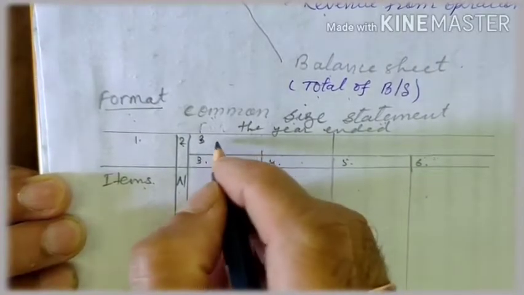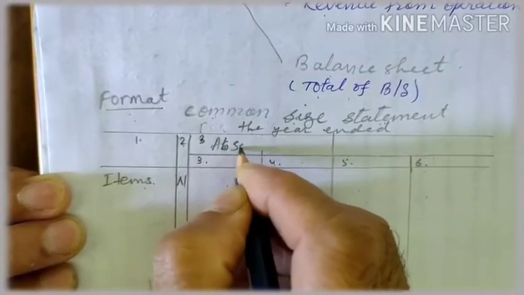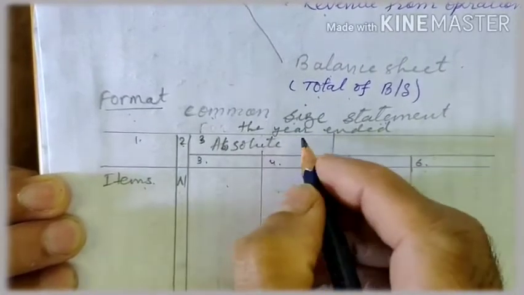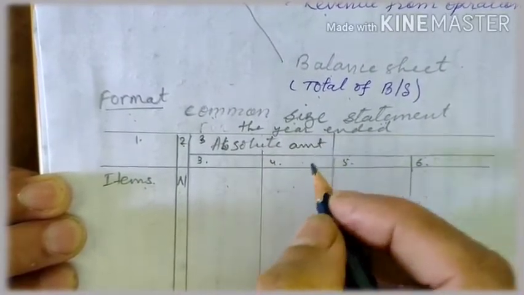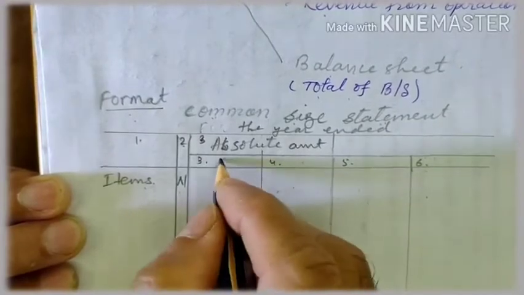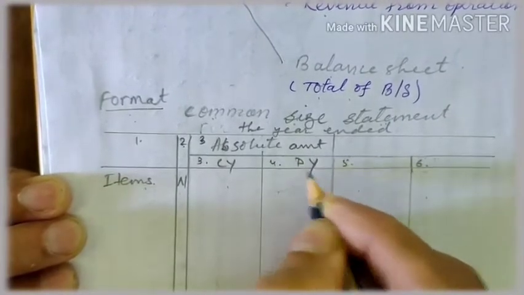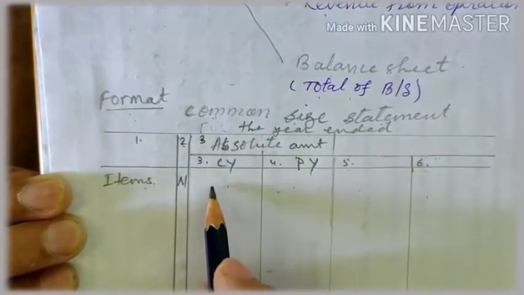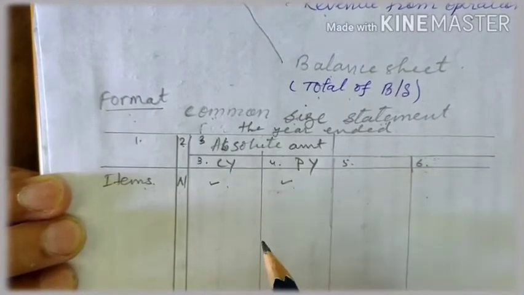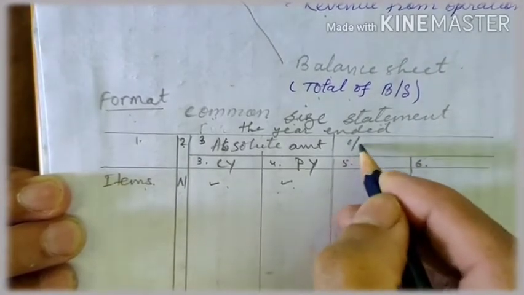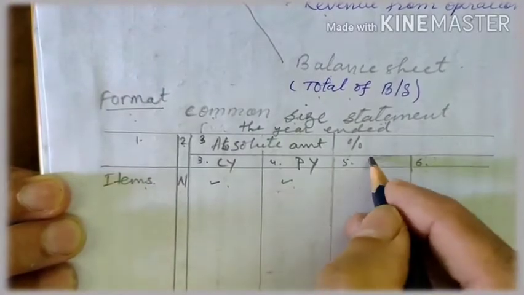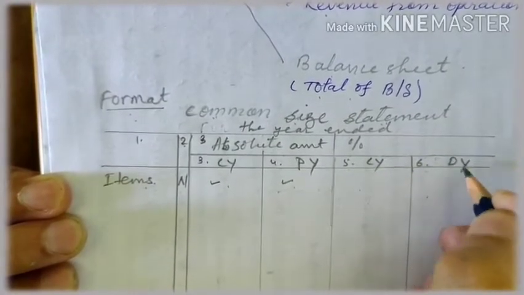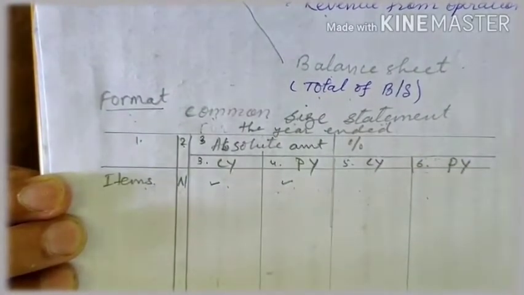This is the absolute figure, absolute amount, that means the absolute value. This is for current year and this is for previous year. So the current year value will be here, previous year value will be here. Then here we'll find out the percentage for current year and percentage for previous year.